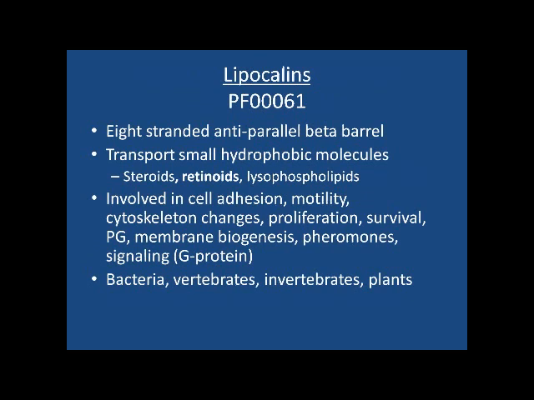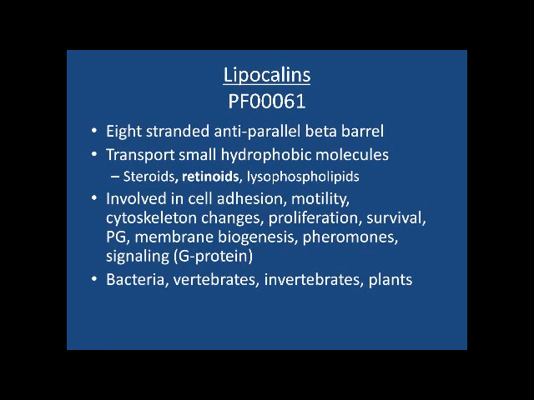So when we talk about lipocalins, I think they're really important all by themselves because they're one of the major sources of allergy to animals. They essentially transport small hydrophobic molecules, steroids, retinoids, and lysophospholipids, but the retinoids are kind of interesting because we know that retinoic acid is another one of these factors which in the gut stimulates T regulatory cells.